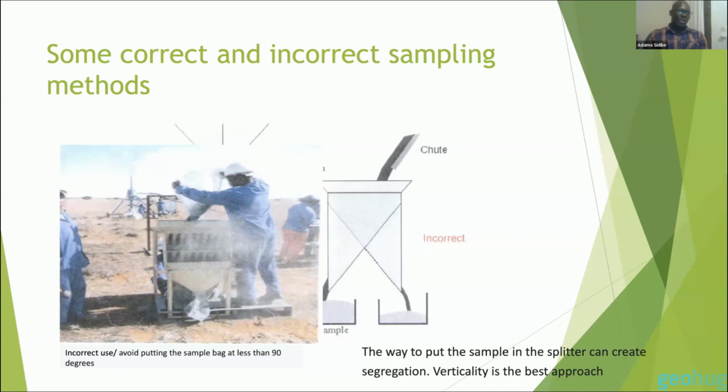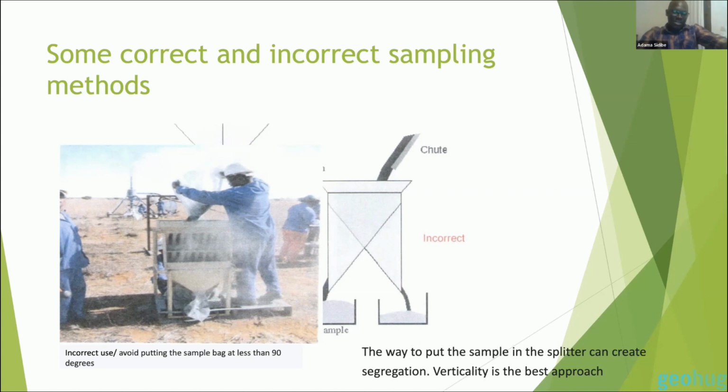It is better to avoid putting the sample bag at less than 90 degrees. This way of splitting is very incorrect and can create particle segregation. It is the same here.